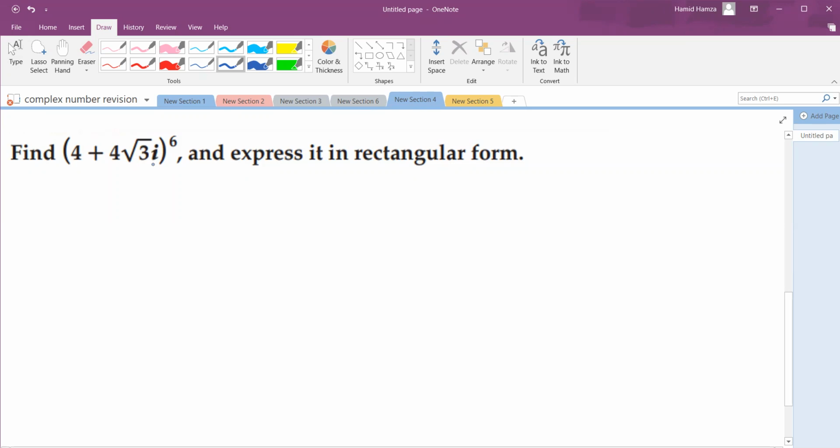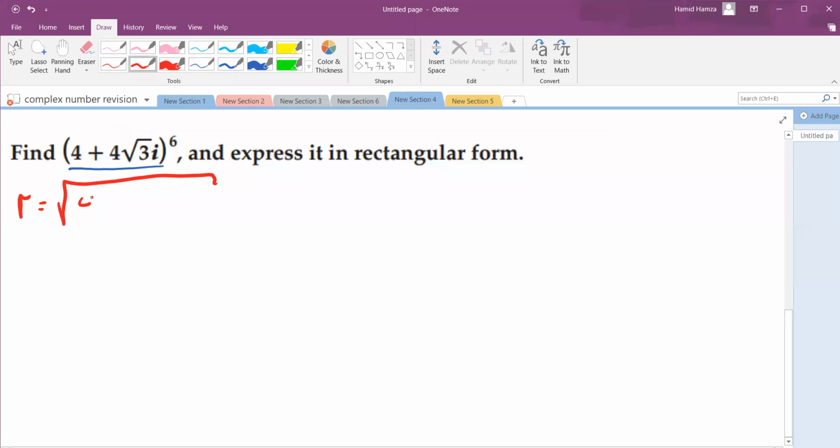But the De Moivre theorem is applicable on a complex number in polar form. So we need to change this to polar form, and I think we studied that yesterday. To change this to polar form, we need to find r, the modulus of the number.